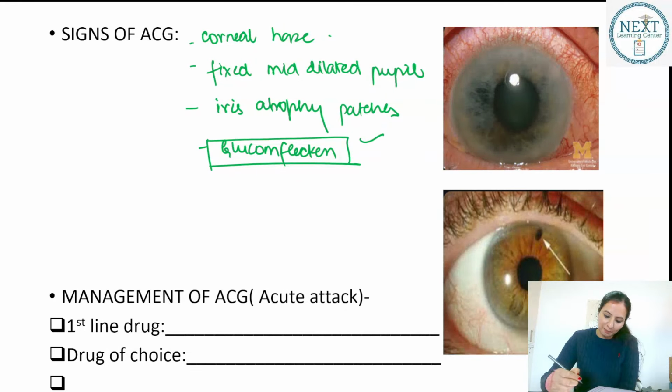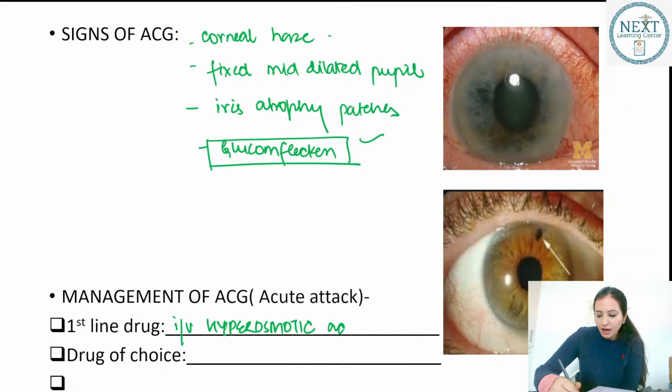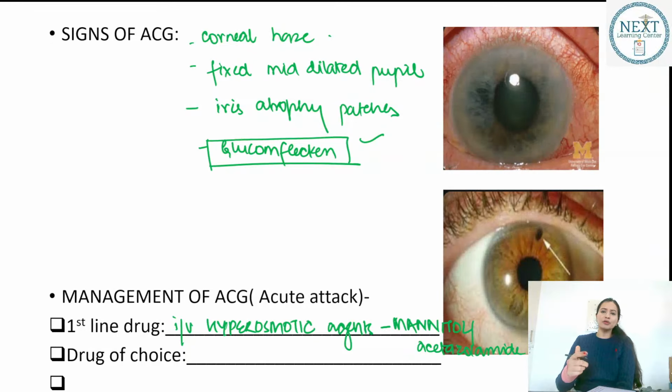If you ask about the management, the first line drug is going to be IV hyperosmotic agents. What are they? IV hyperosmotic agents include drugs such as mannitol, or acetazolamide, that is given orally. If you ask the drug of choice, that is pilocarpine.